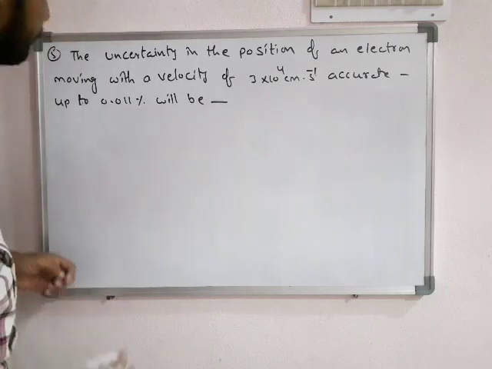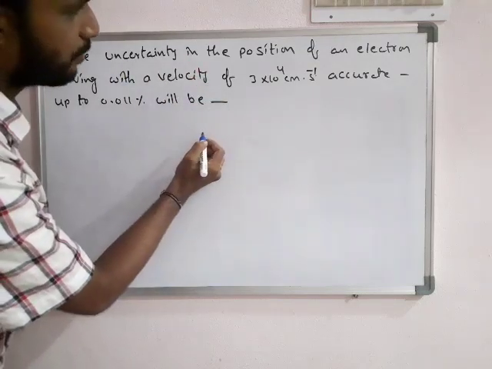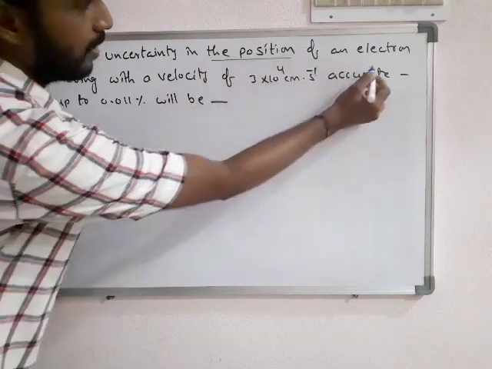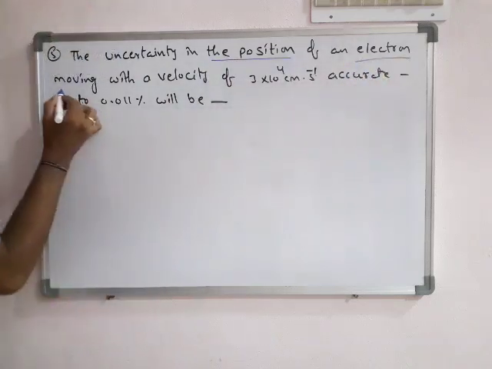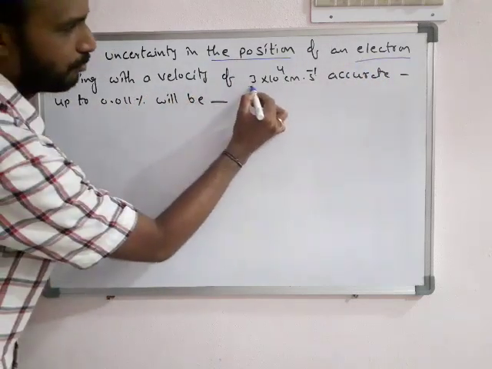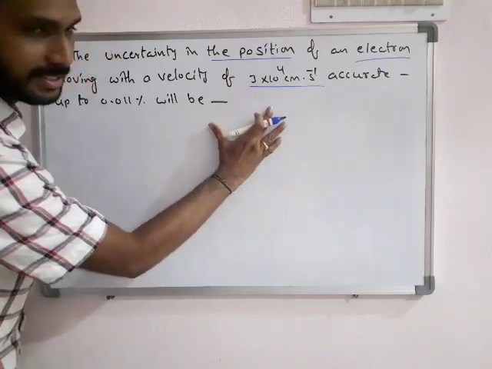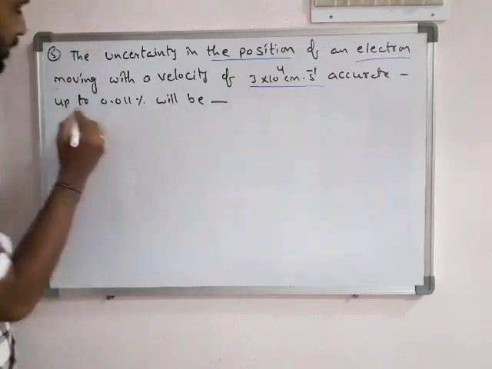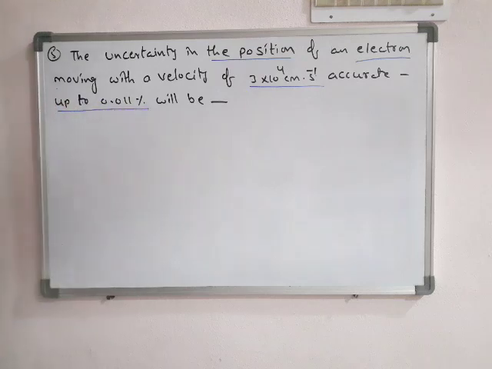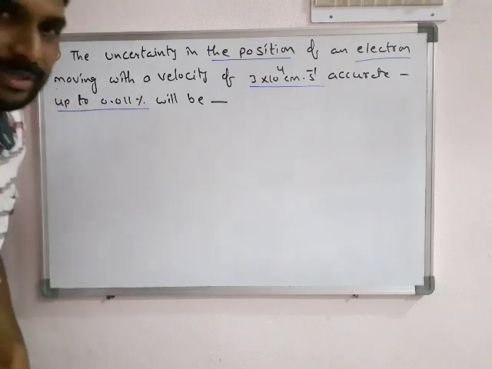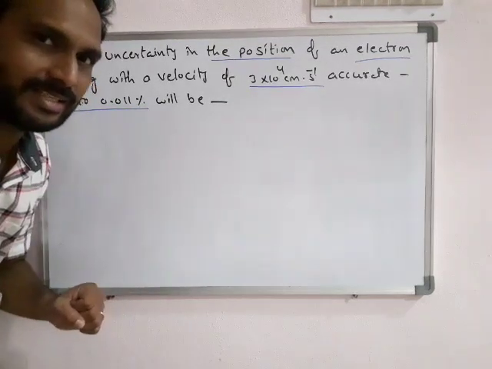Let's see the next one. So the uncertainty in the position of an electron moving with a velocity of, here exactly the velocity is given, is accurate only up to 0.011%. Meaning how much uncertainty is there?